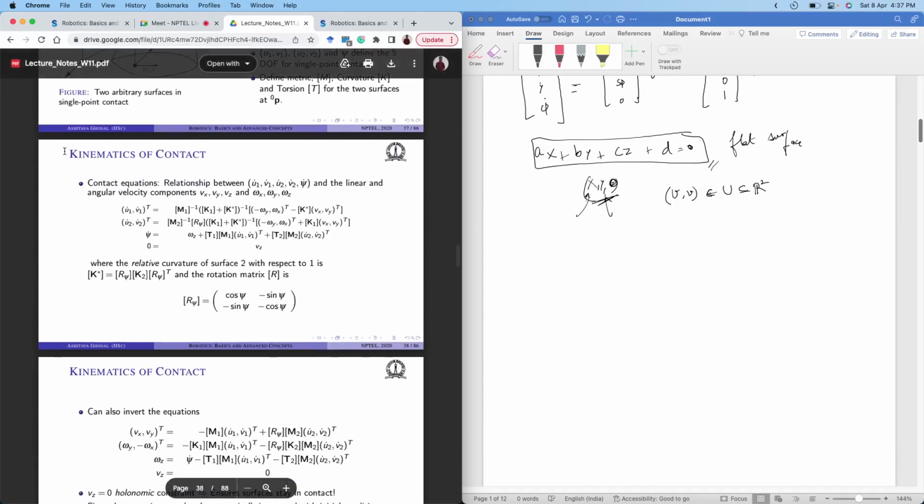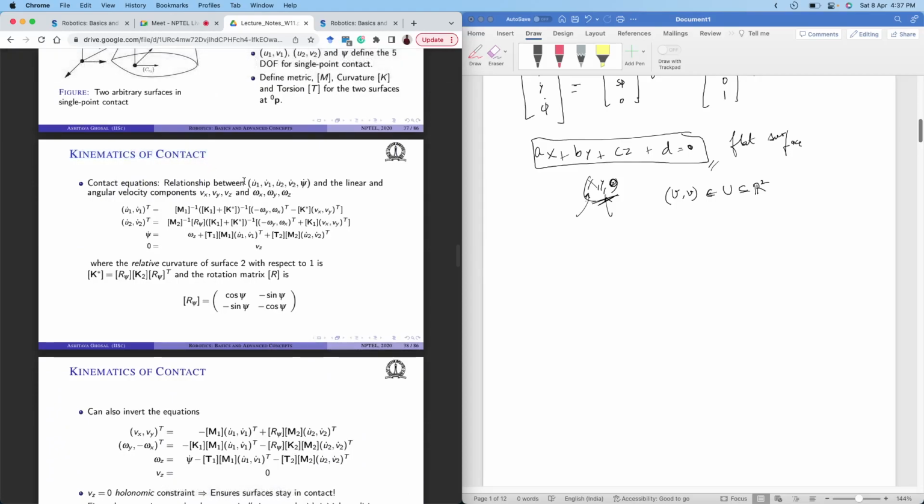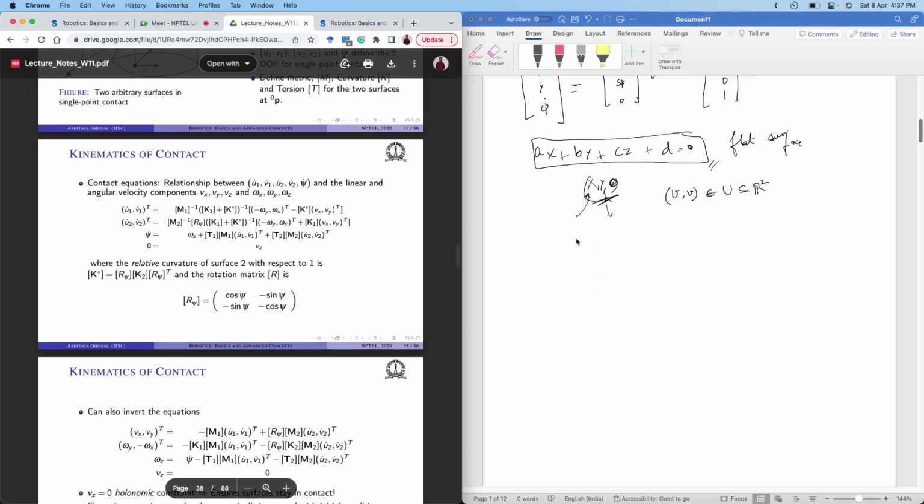And then there is the kinematics of contact. If you consider a two-wheel robot, there is a single wheel like this, there is an axle, and then there is another wheel. And this system is on uneven terrain.